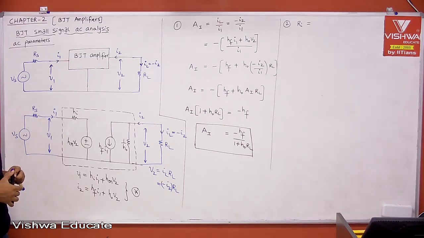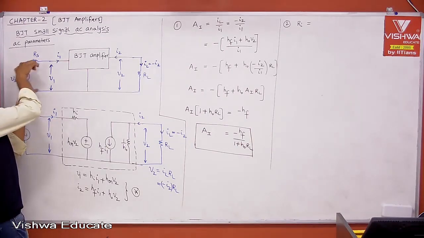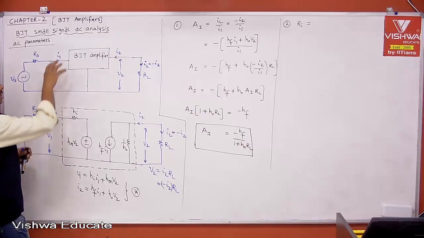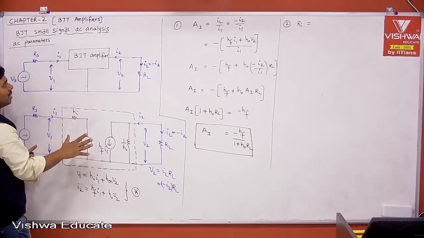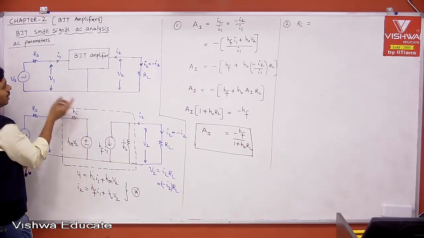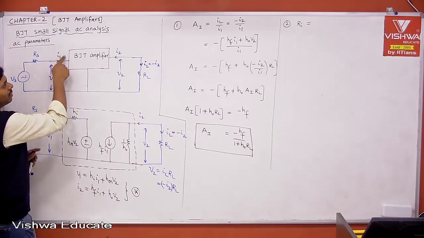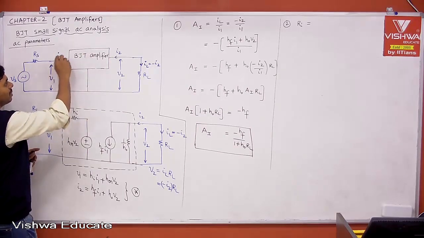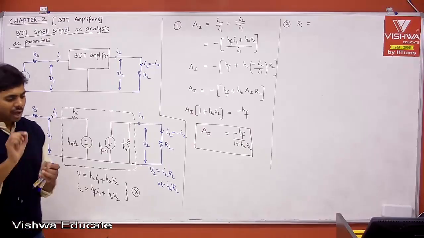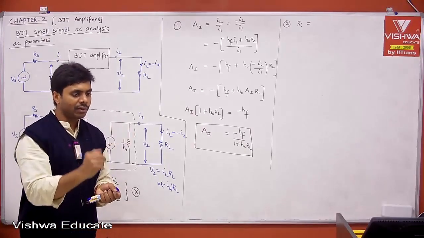The definition of RI is nothing but the impedance seen into the input port. How will you calculate? That is a black box for us. Then how will you calculate mathematically? When you apply the voltage V1, and you have the current entering into your amplifier, V1 by I1, that's it. Therefore, apply the voltage, get the current, V1 by I1.